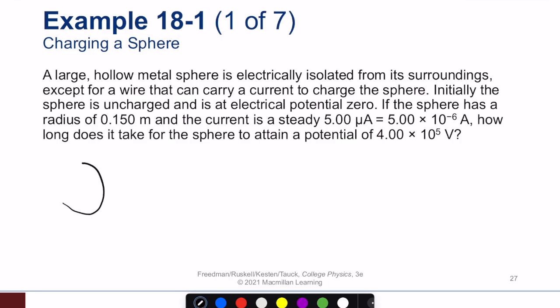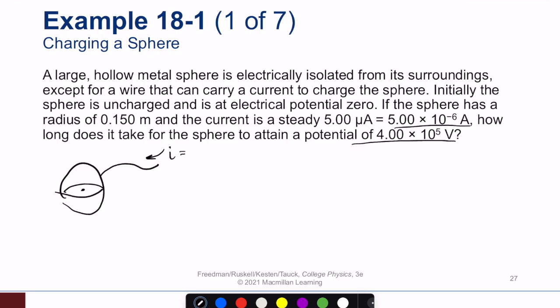So the only way it's going to get any charge is if I connect a wire to it and send a current down that wire. And so that's what we're going to do. Let's say we send a current of 5 times 10 to the minus 6 amps through that wire. How long would it take for the sphere to hold a potential of 4 times 10 to the 5 volts?